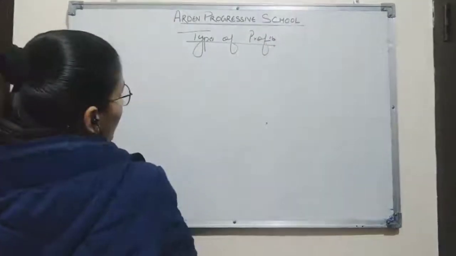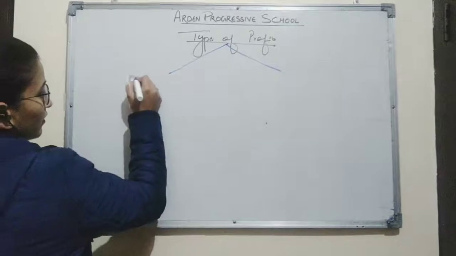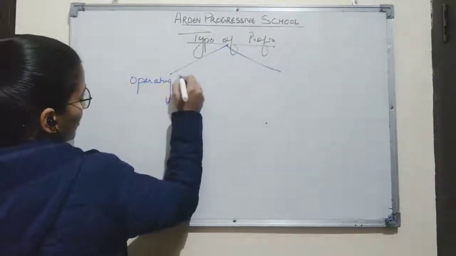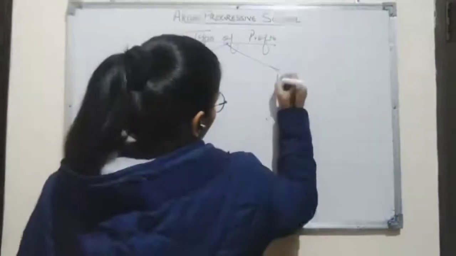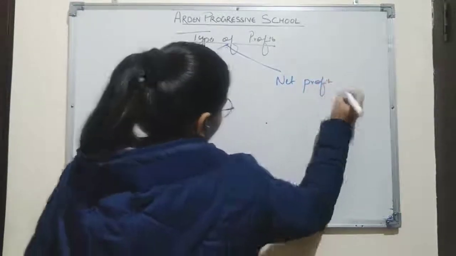Now, there are two types of profit. First is operating profit and second is net profit.